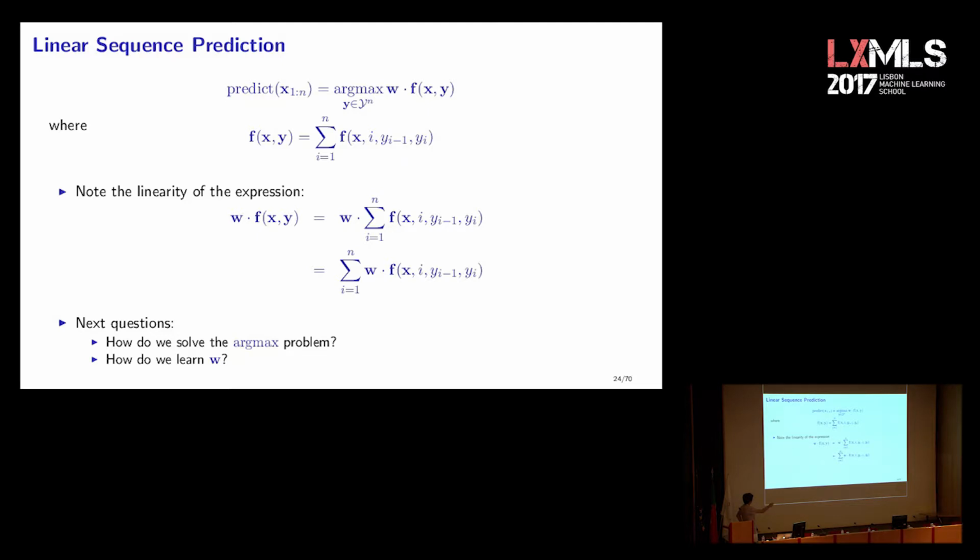Because this is linear and f is a sum over positions, we can write f as a sum, and we can actually put the weight vector inside. Which means that our score function has two views, and this is important. There's the classifier view: you give me a representation of your input, and I have a linear prediction. We don't care how our feature representation is made.